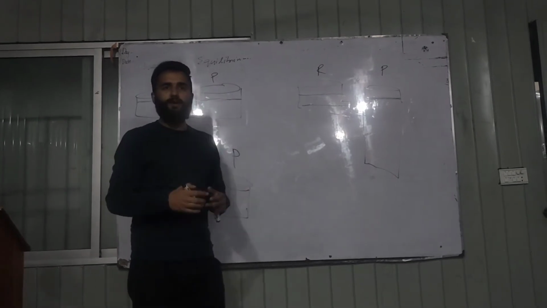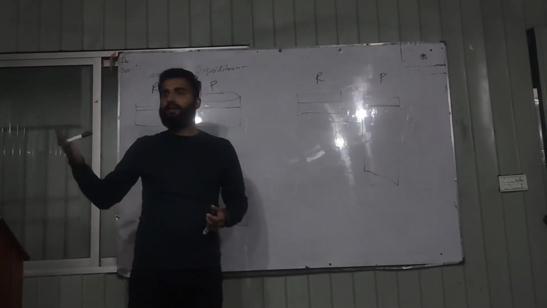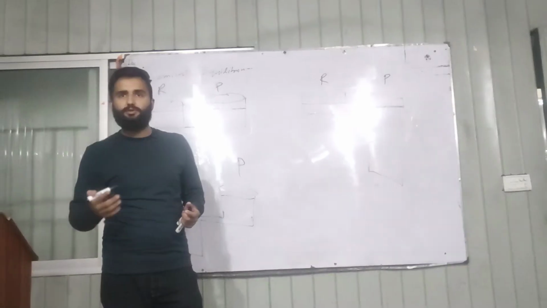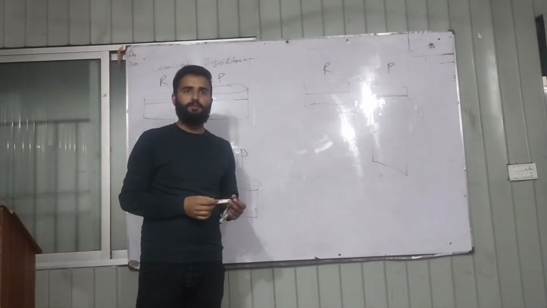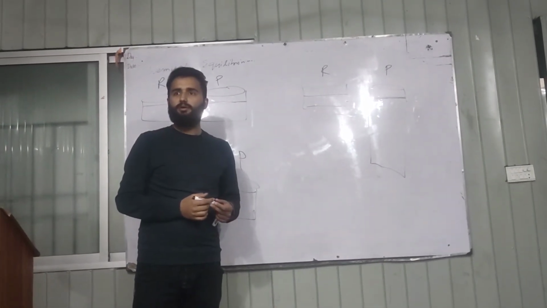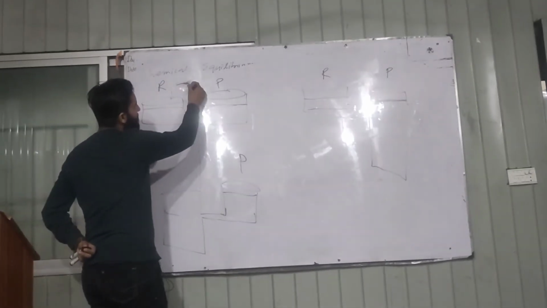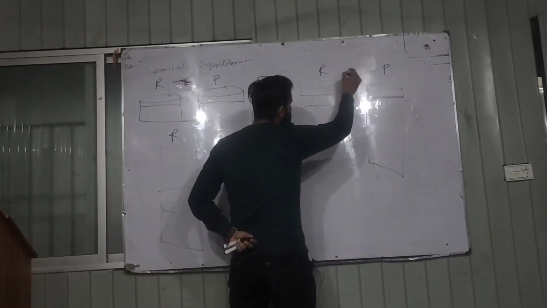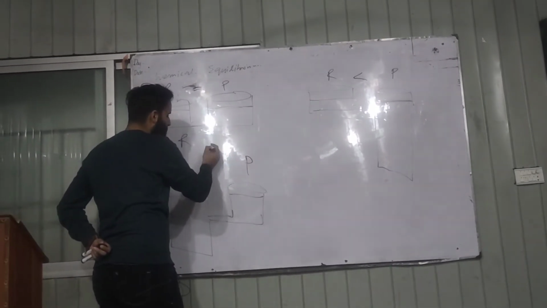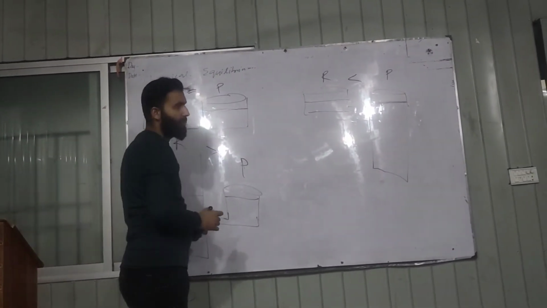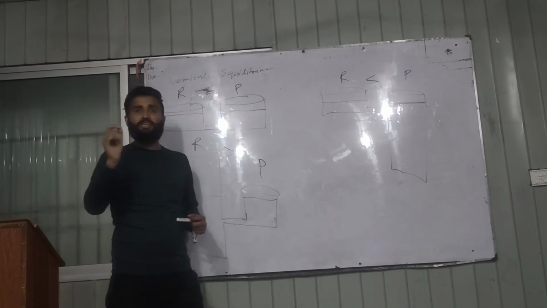You have to define chemical equilibrium with respect to rates, not with respect to concentration. Reactants can be equal to products, smaller than products, or much greater than products. So there can be a state of equilibrium in each case.